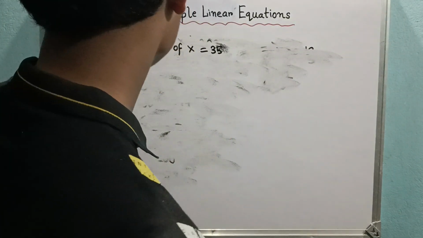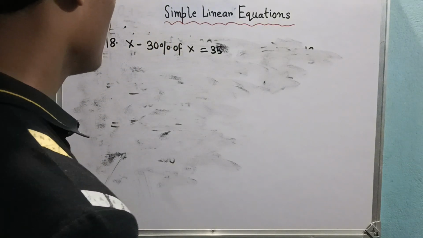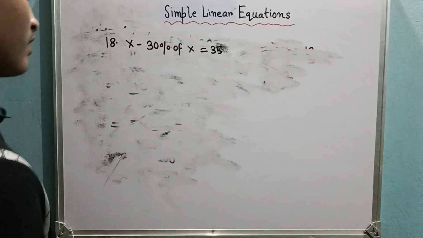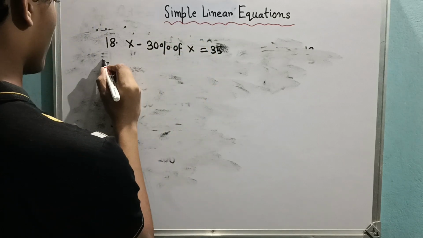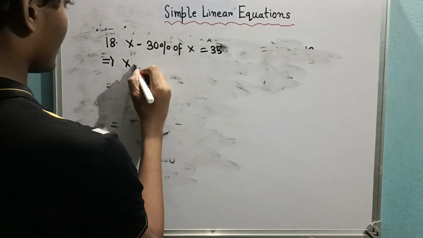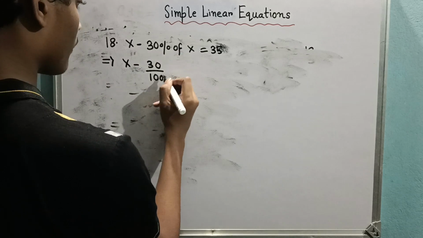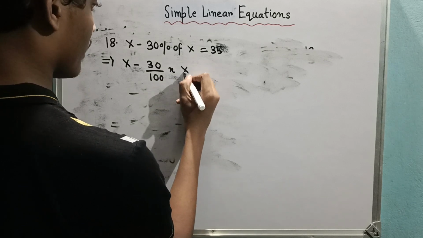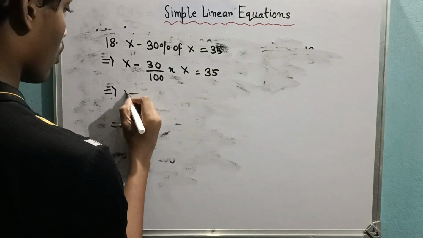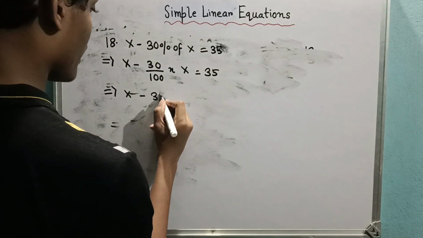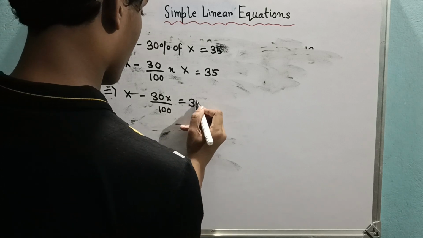Okay, so here we have x minus 30% of x equal to 35. So subtraction of percent. Okay. So now let's simplify this part. So here I can write that x minus 30% means 30 by 100 of x means multiplied by x equal to 35, or x minus 30x by 100 equal to 35.